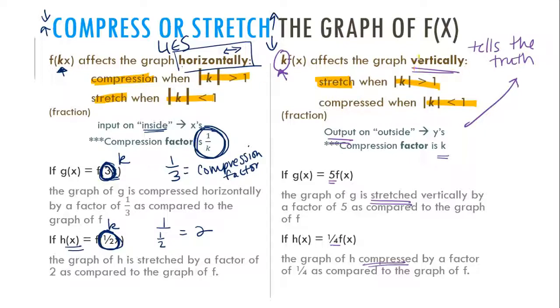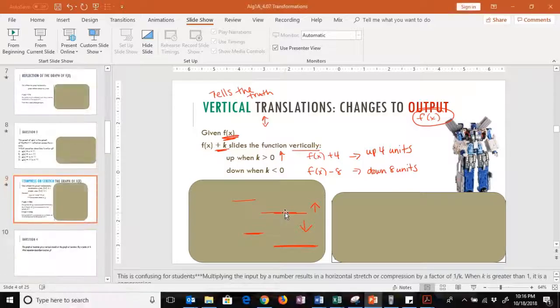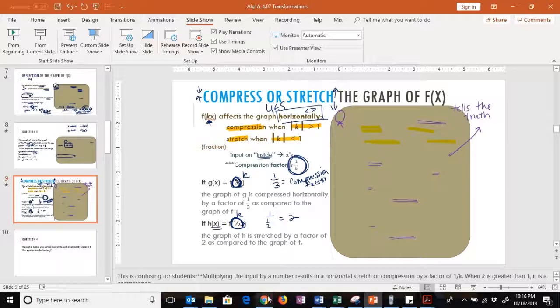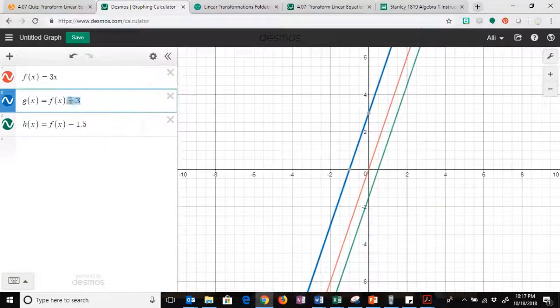When I'm dealing with a vertical situation, I'm compressing. Again, this information is given to you in that PDF that breaks down the summary of all of the rules for our translations or transformations. So let me show you what this would look like here.